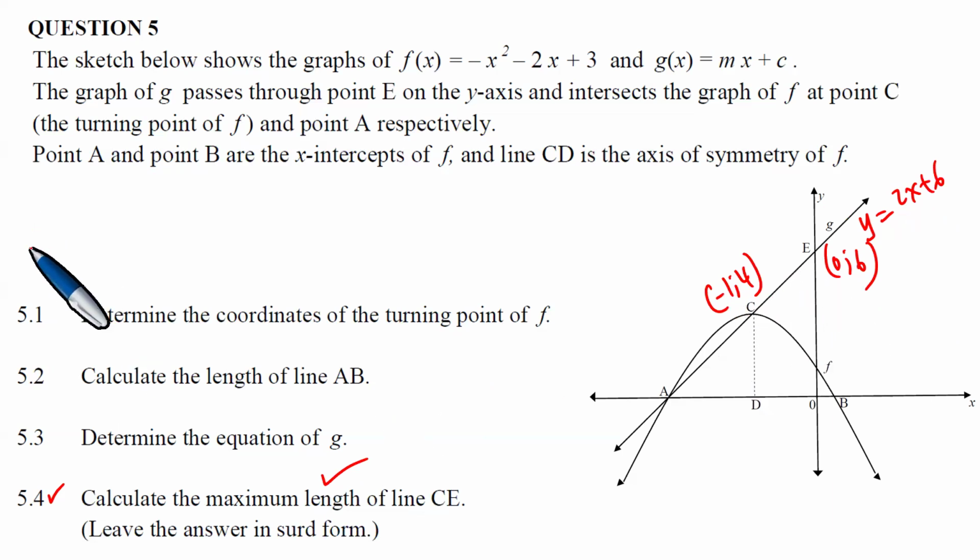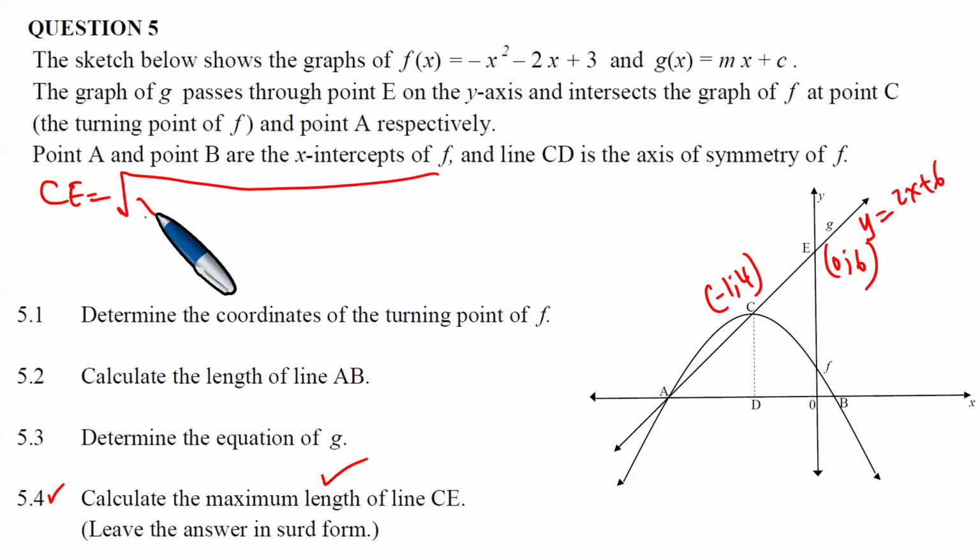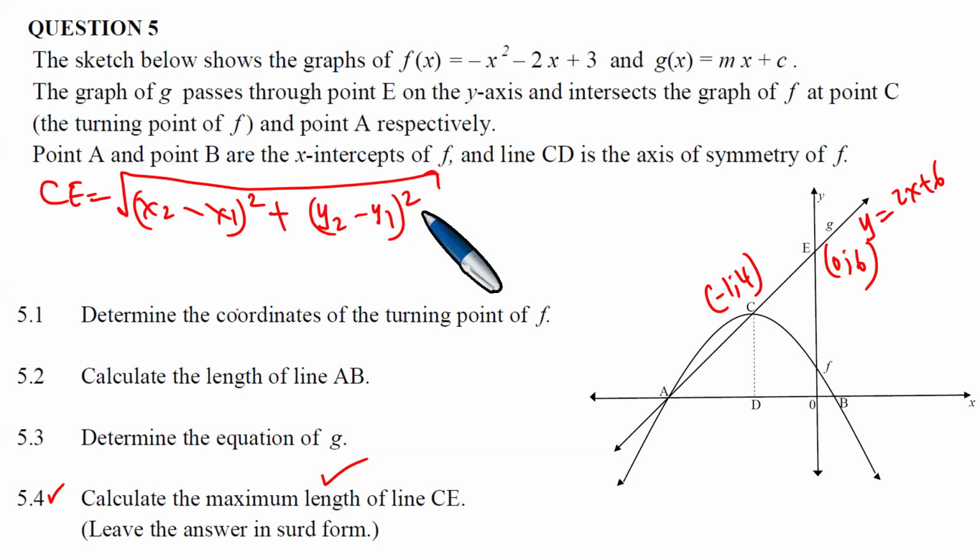To find the maximum length of CE, it is nothing other than the square root of x2 minus x1 squared plus y2 minus y1 squared.